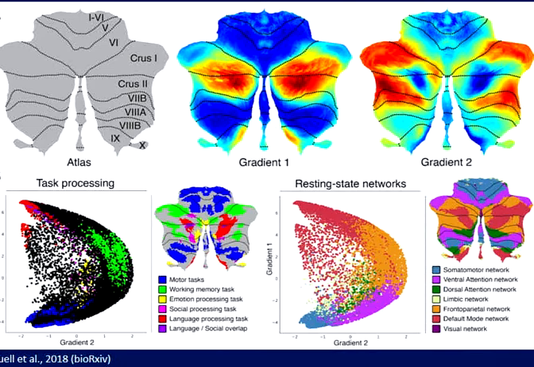And gradient 2, shown here on the x-axis, seems to isolate focused cognitive processing, but the main message is that gradient 1, the principal axis of macroscale organization in the cerebellum, progresses from motor function to focused cognitive to unfocused cognitive function, very much like we can observe in the cerebral cortex.